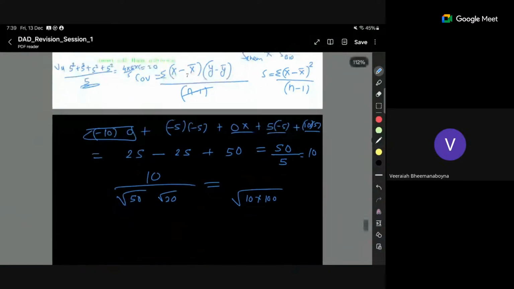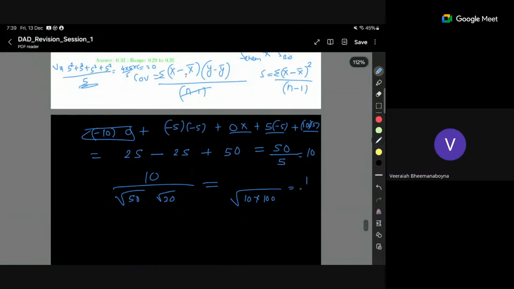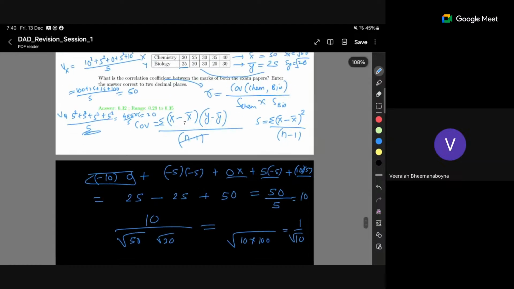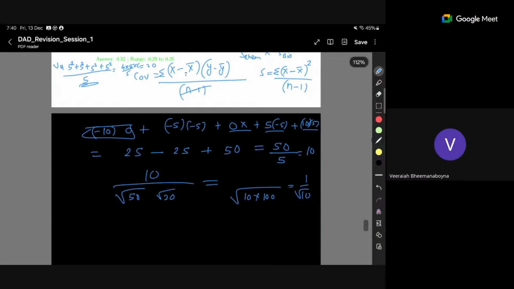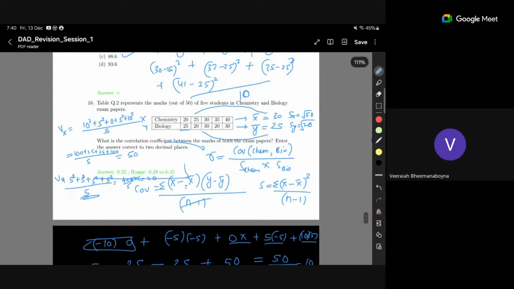So we'll get 1 by root 10. If I figure out 1 divided by root of 10, which is 0.316, so it's coming out to be 0.3162. Maybe you can make it 0.32, which is what the answer is.